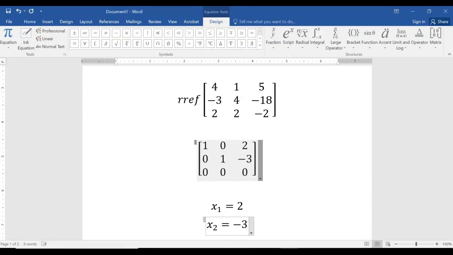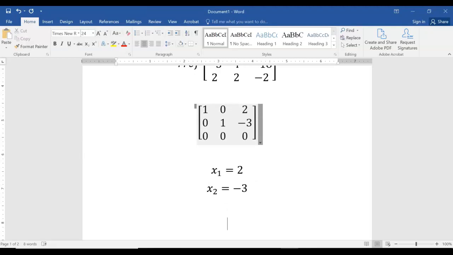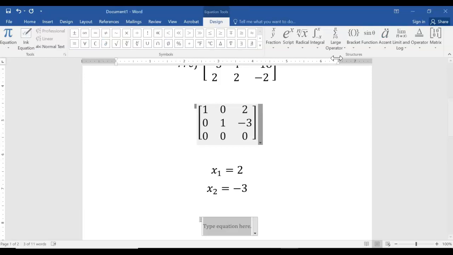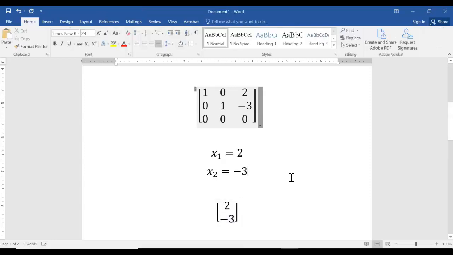In the general form, in the parametric form, it is just the vector 2, -3. Now, it doesn't matter what the solution is in order to answer the problem.